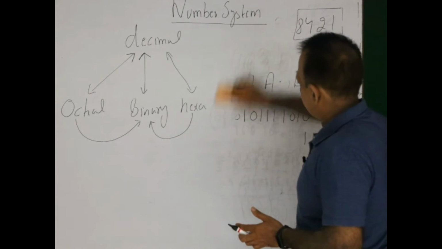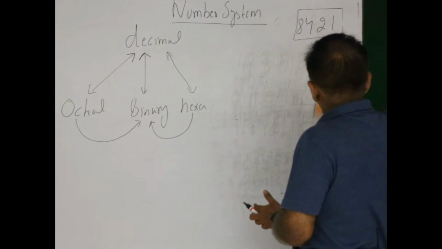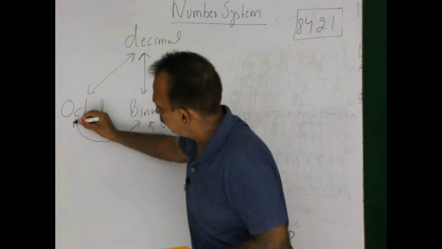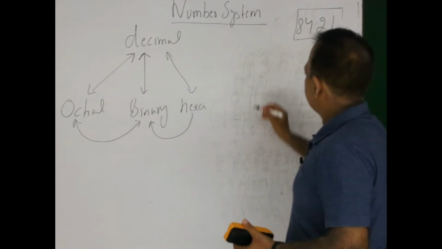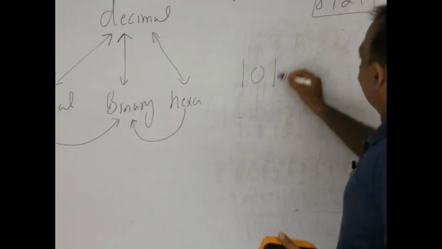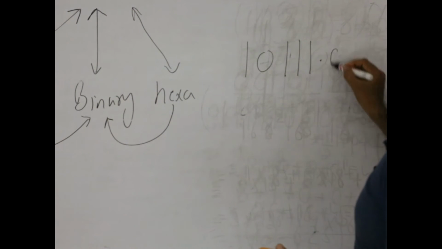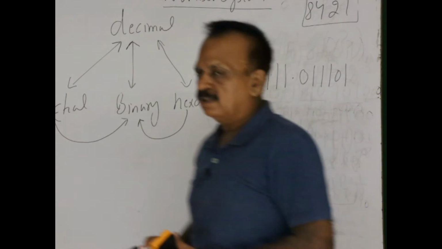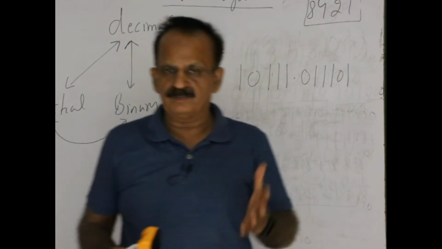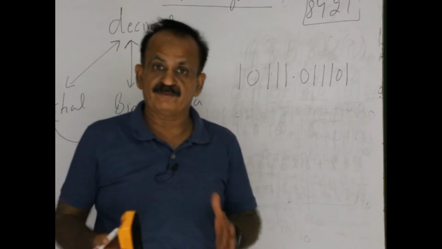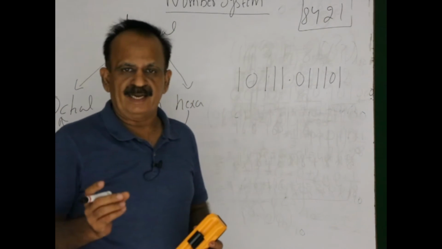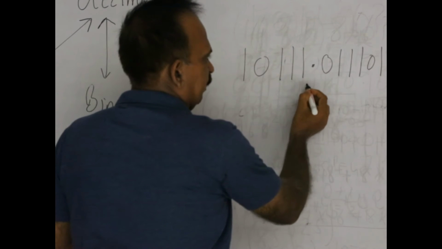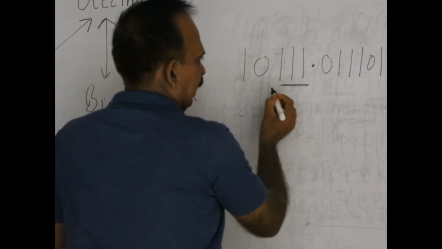Now the reverse conversion. Reverse means I want to convert a binary number to an octal number. The binary to octal: say the given binary number is 10.011101. The procedure is, I will start from the decimal point and write 3-bit combinations of these binary digits.